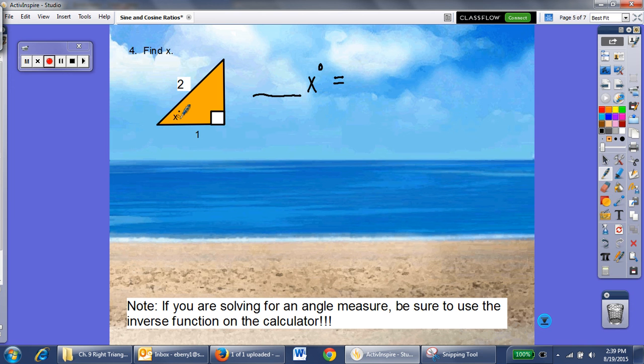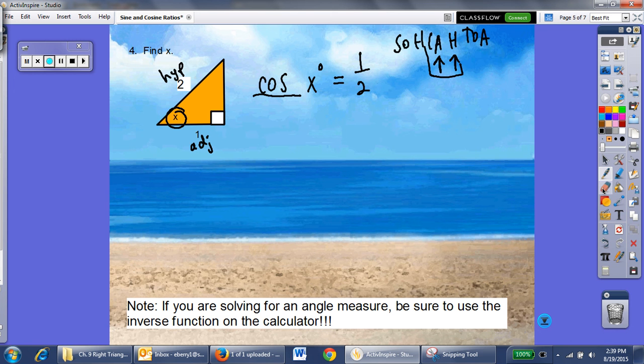So it looks like if I focus on x, 1 is adjacent to it, and 2 is the hypotenuse. So thinking about SOHCAHTOA, adjacent and hypotenuse are part of the cosine function. So that means I need to write cosine of x degrees equals 1 over 2.